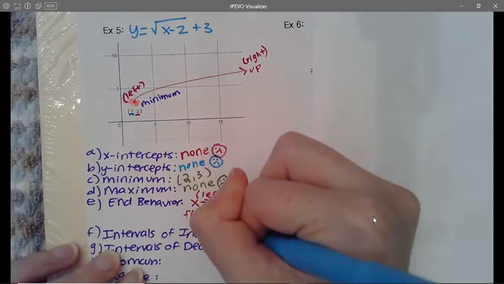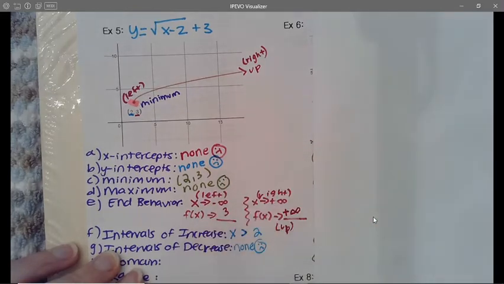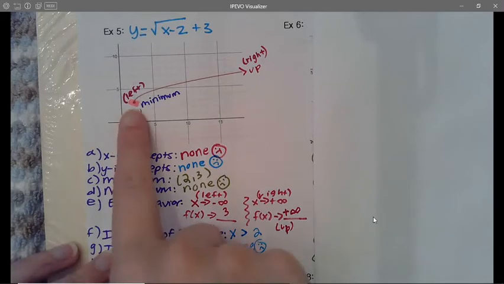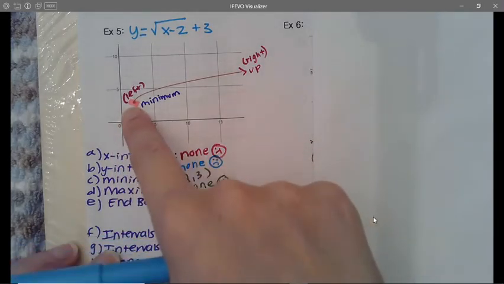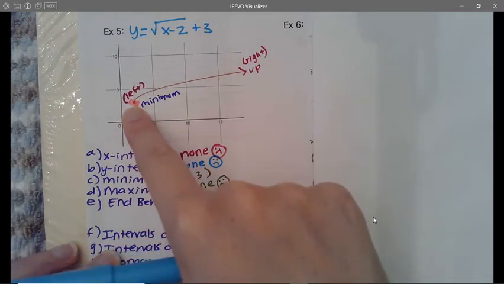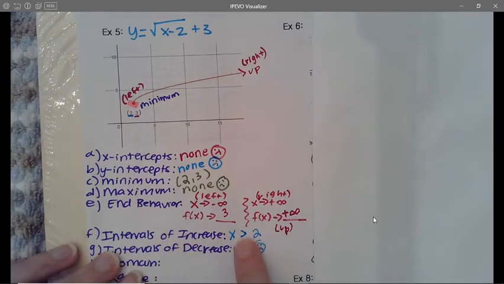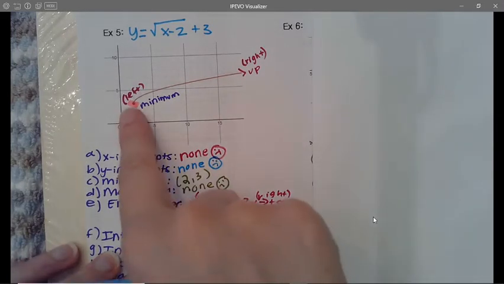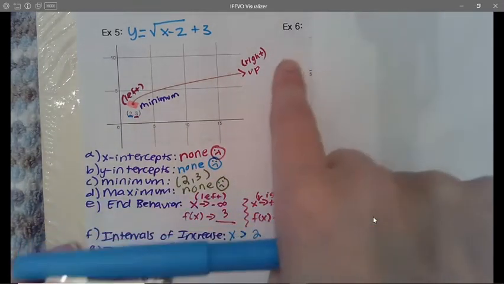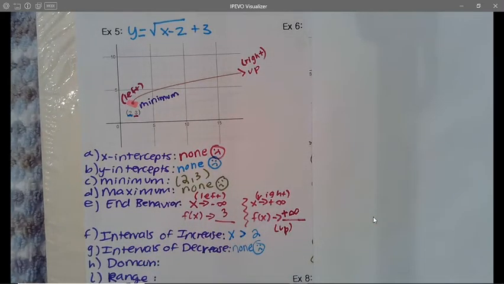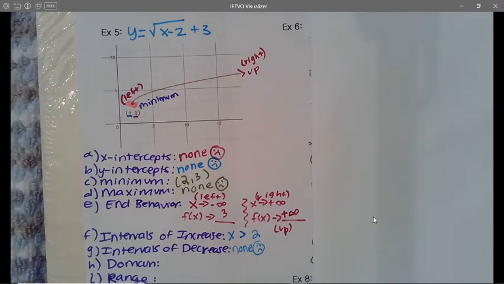So we're going to say where x is greater than 2. Now, we're not going to say equal to 2 because at the 2, it's not really increasing or decreasing. That is our start point. So we're not going to say it's equal to 2 because we haven't started increasing at the 2. That is just our start point. So our interval of increase is where x is greater than 2.